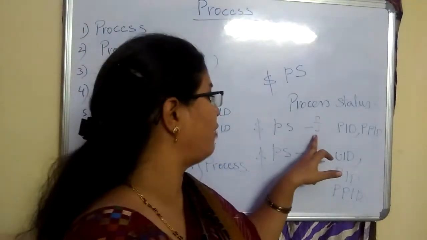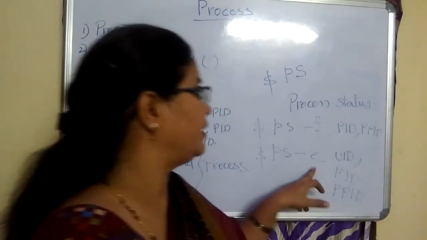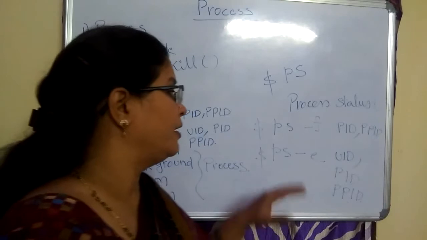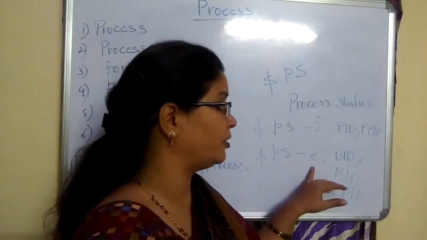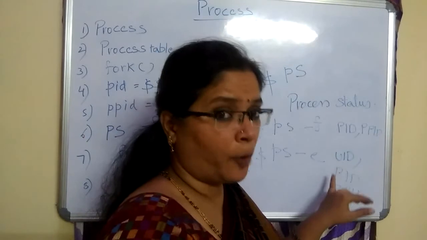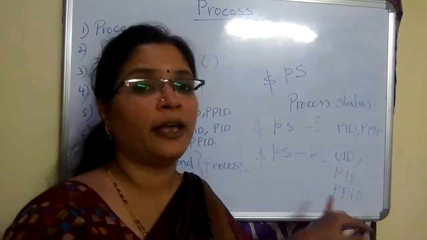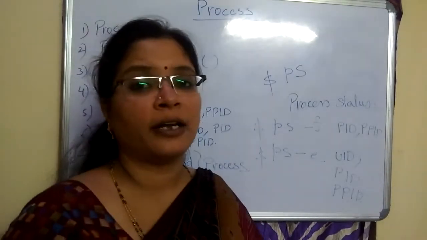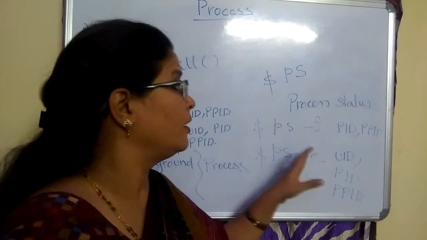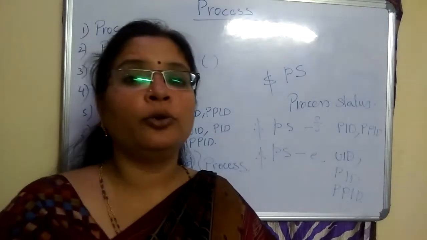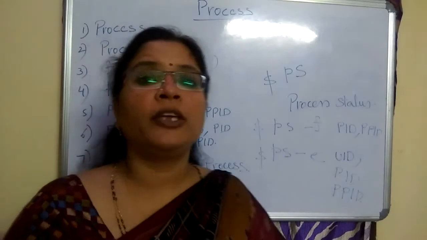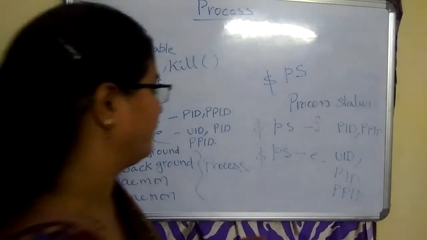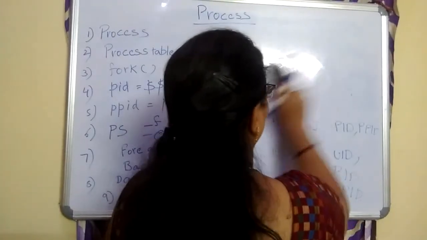Number one, PS -f, and the second one is PS -e. PS -f gives the process ID along with the parent process ID, whereas PS -e gives the information along with the user ID, the process ID, and the parent process ID also. Likewise, the information can be given with the process status command along with these two options. While working with the process status command, you need to remember these two options, which give additional information regarding the process status.